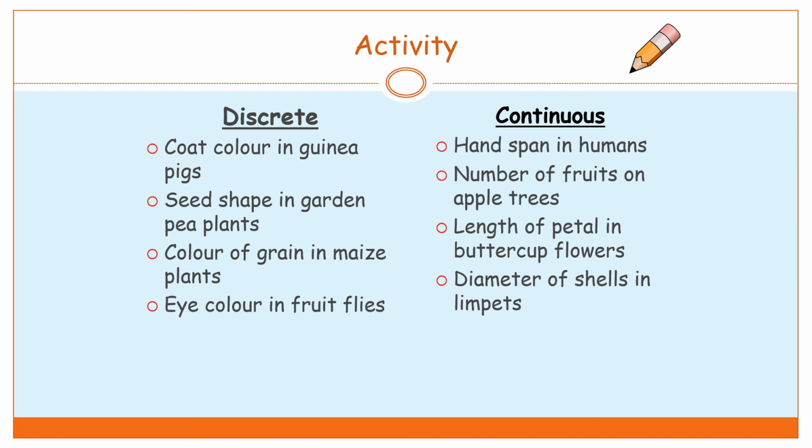Continuous variation would be your hand span in humans because you can measure it with a ruler, your number of fruits on an apple tree because you can count it, your length of petals in a buttercup flower because you can measure it with a ruler, and the diameter of shells in limpets, again you can measure it with a ruler. So the discrete ones are yes and no, the continuous ones you can measure. Okay, well done if you managed to get that correct. If not, watch the video again.